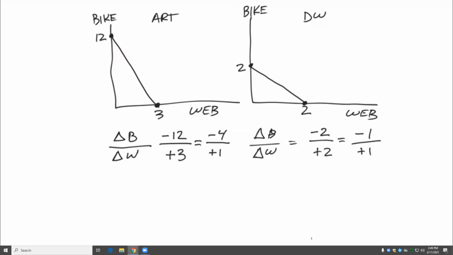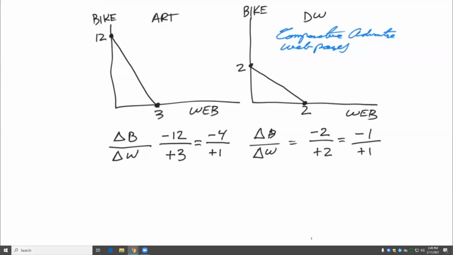Therefore, she has the comparative advantage in web page production. All right. DW has a comparative advantage in web pages.